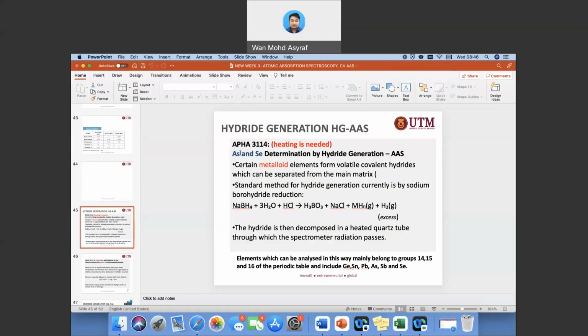Basically, hydride generation AAS is special because certain metalloid elements are able to form volatile covalent hydrides, which can be separated from the main matrix.